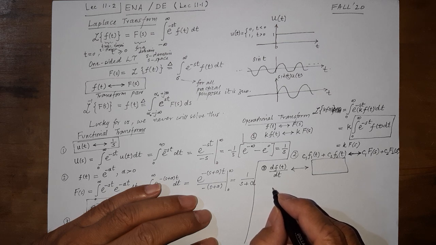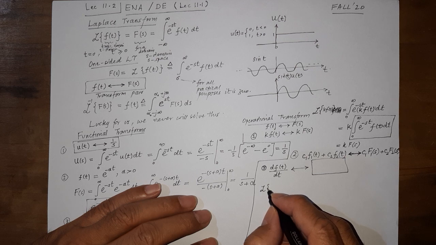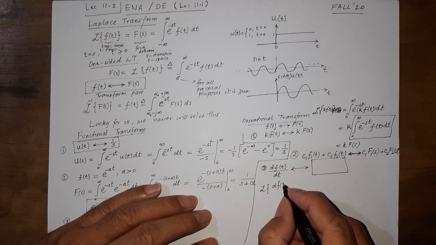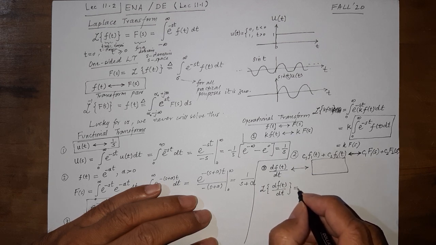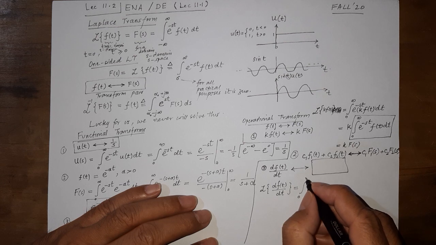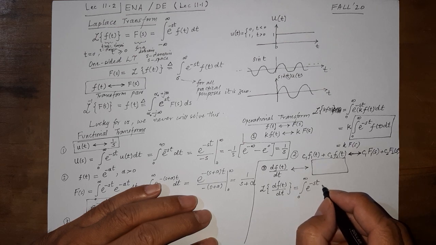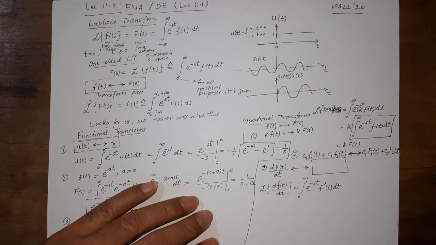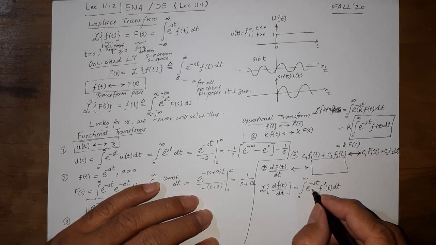By definition, the Laplace transform of the derivative of a function would be solving this integral from 0 to infinity of e^(-st) and f'(t) dt. I'm changing this notation for the derivative for ease's sake.